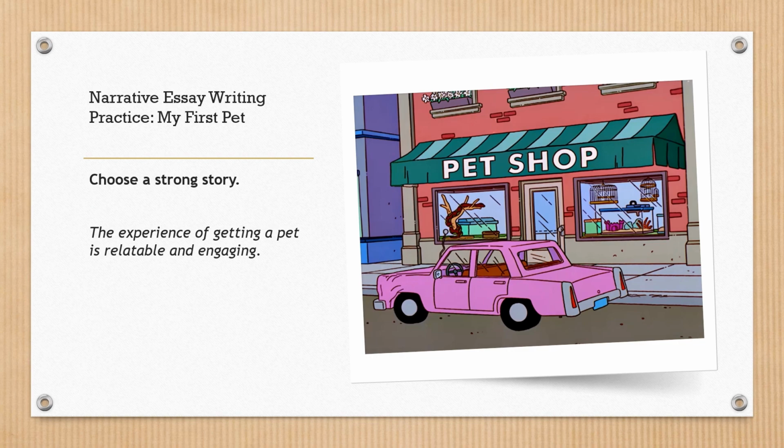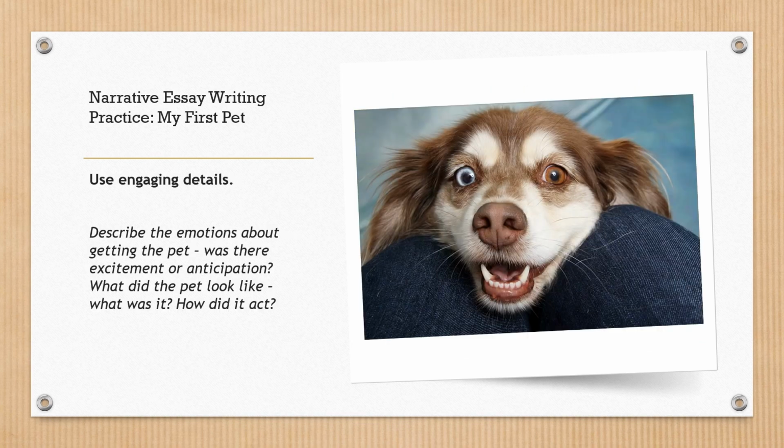Great. Now let's put these tips into practice with an example. My first pet. So choose a strong story. And the story we've chosen here is about the experience of getting a first pet, which is a relatable and engaging story. Second, use details.